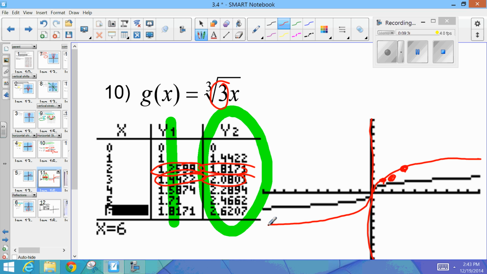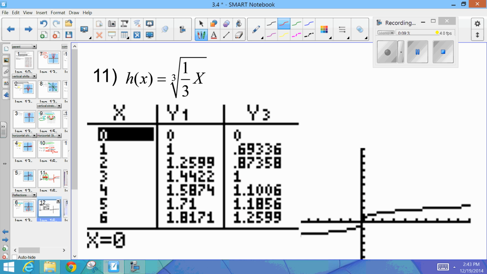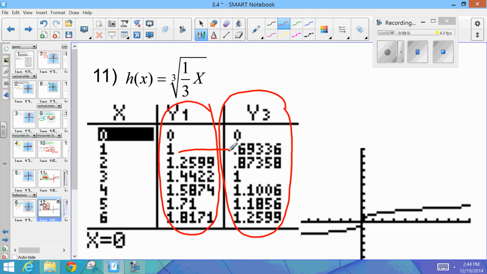Now we're going to look at the one where it's a fraction inside that radical, okay? And notice that these numbers, here is the cubic root, just the parent function. Here is the multiply by 1/3 before I take the cubic root. And you notice that 1 goes to 0.7, 1.3 goes to 0.87.